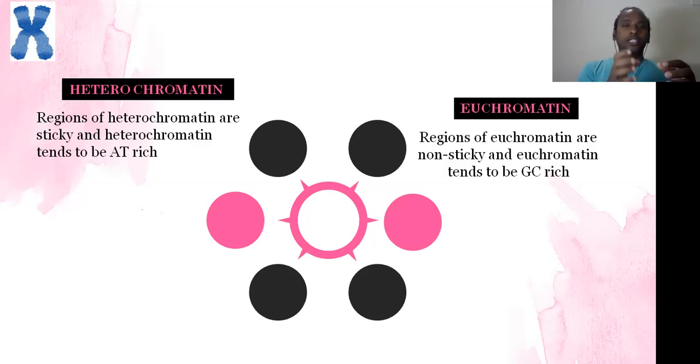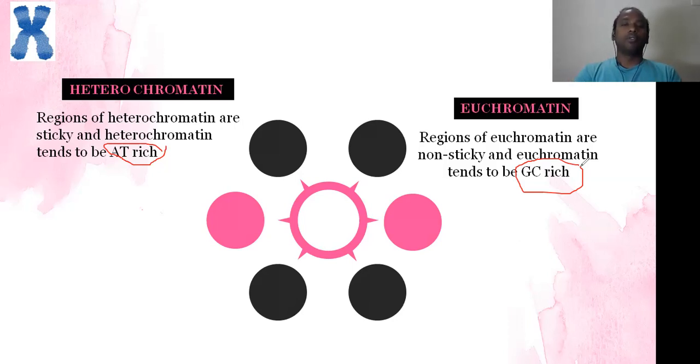And the DNA composition in heterochromatin is always an AT rich sequence. This we should understand. But in euchromatin, the sequence is always GC rich, guanine and cytosine.